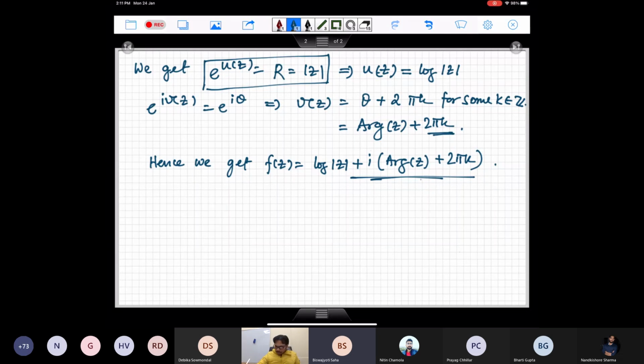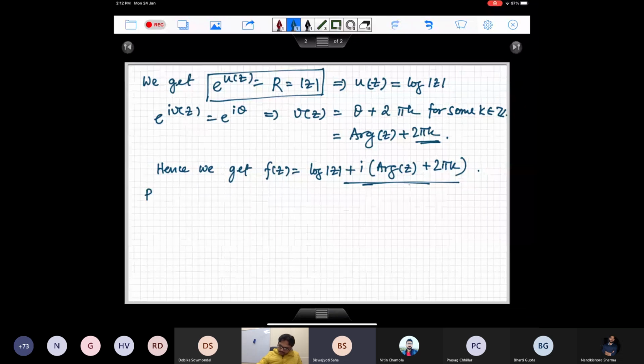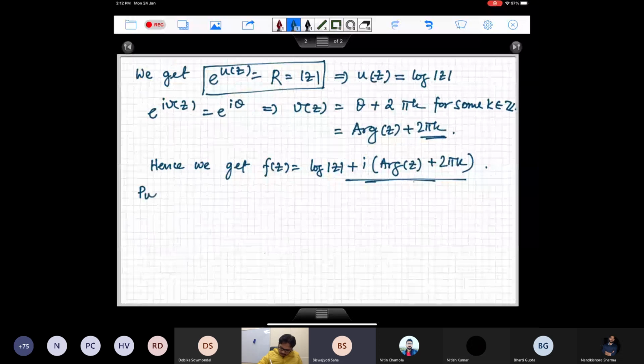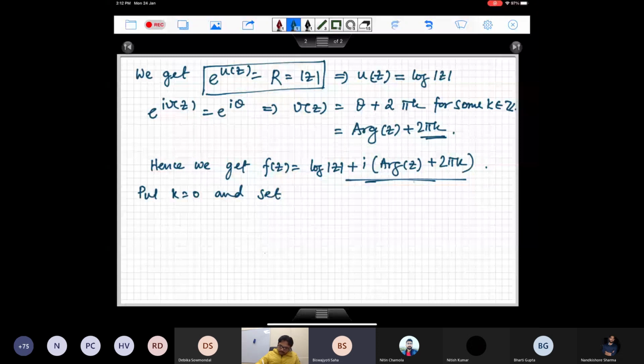Fine, so we can of course make a specific choice, exactly like argument where we had taken a specific choice. So here also we could take a specific choice, and put k equal to 0 and set, for example, log of z equal to log mod z plus i times argument of z.